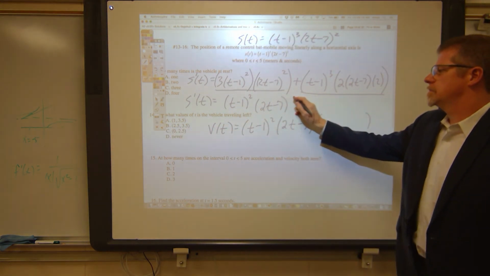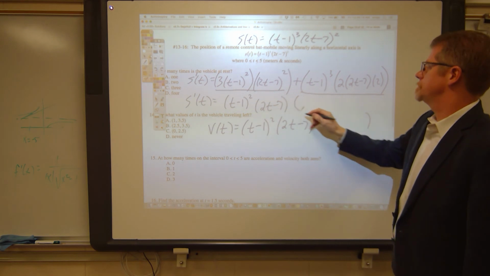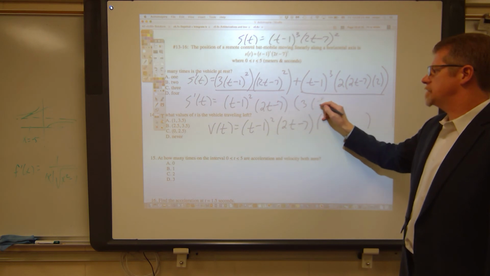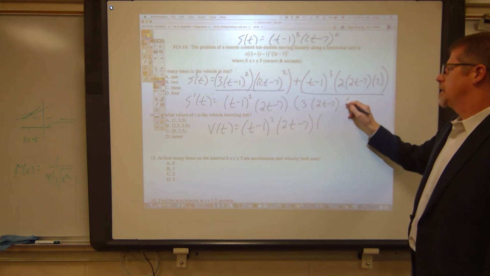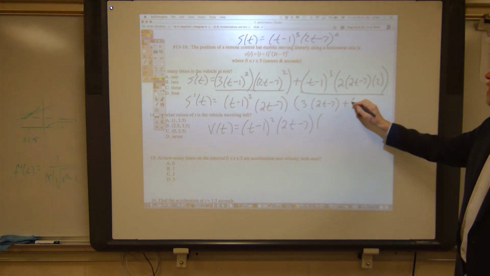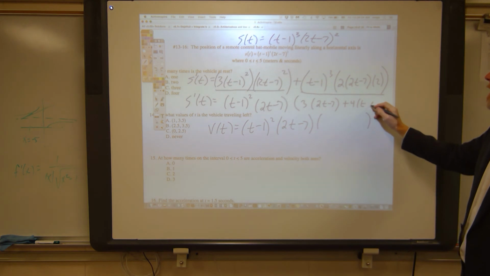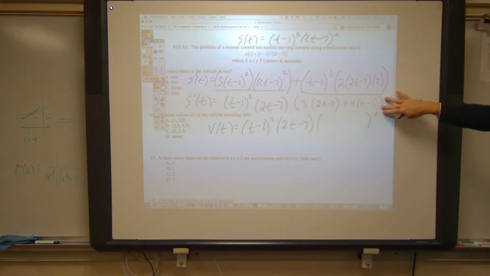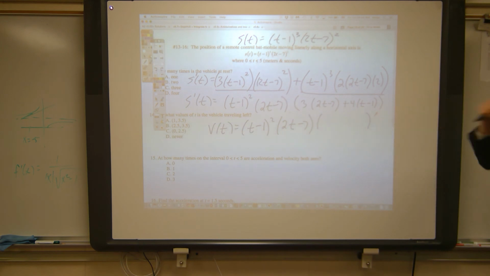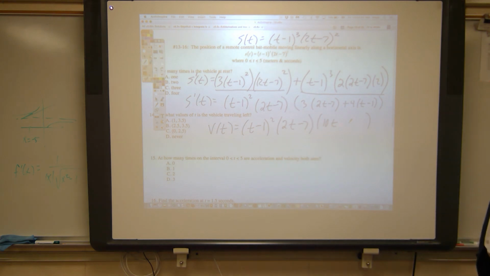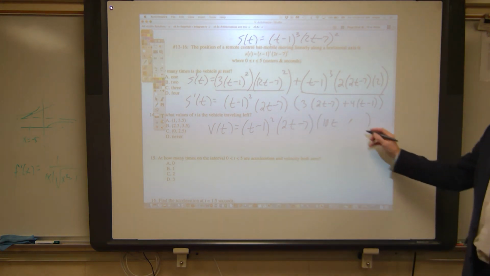So in the first term, it was 3 times 2t minus 7 plus, and what remains in the second term is 4 times t minus 1. Because here's a 4, and there's a t minus 1. So are we okay with this expression now? When I simplify, this one I can simplify in my head. It's 6t plus 4t is 10t, and negative 21, negative 25.